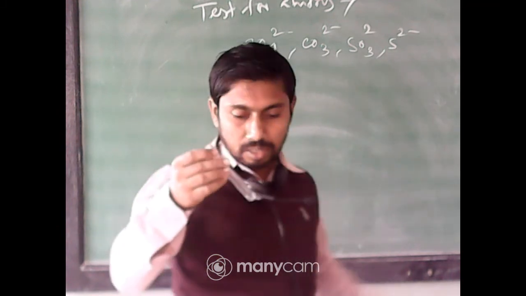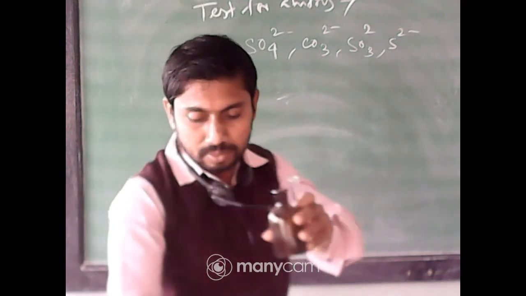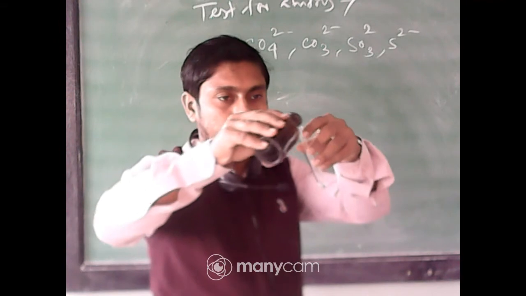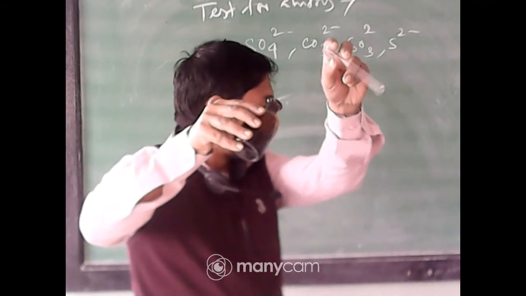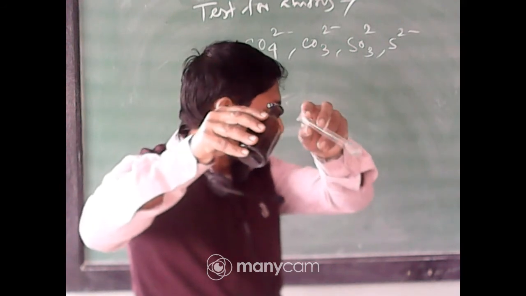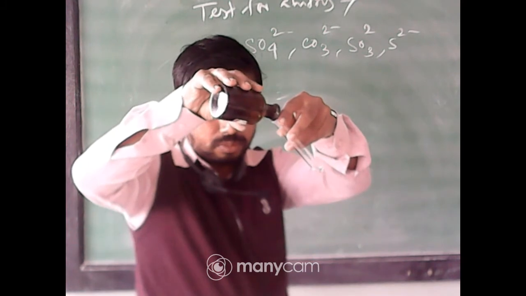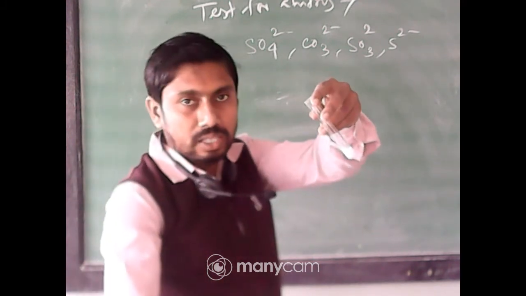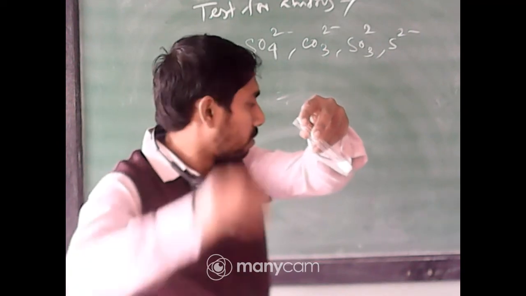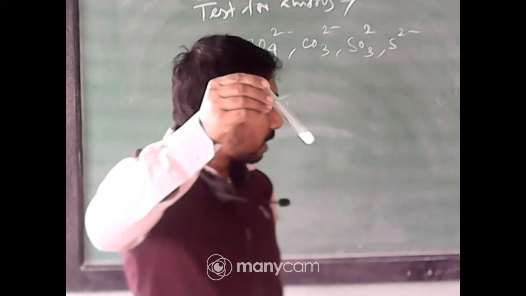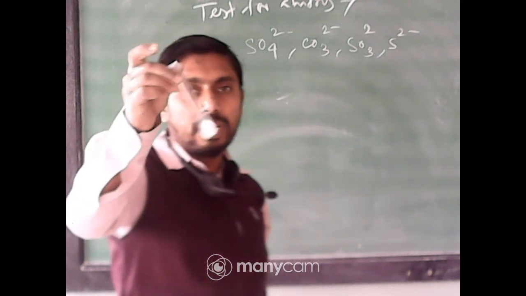Silver nitrate. So this is the silver nitrate. You will see the test tubes. Can you see this? Any color change? Yes, a heavy white precipitate comes here.